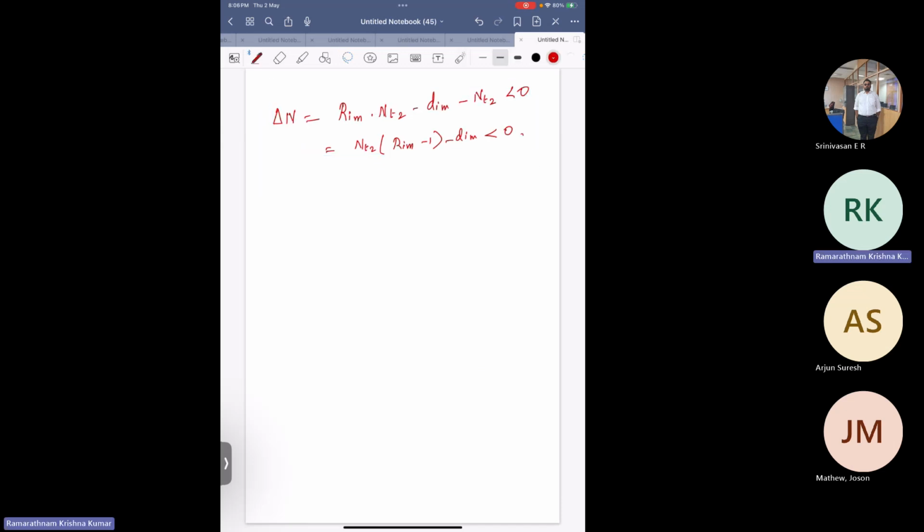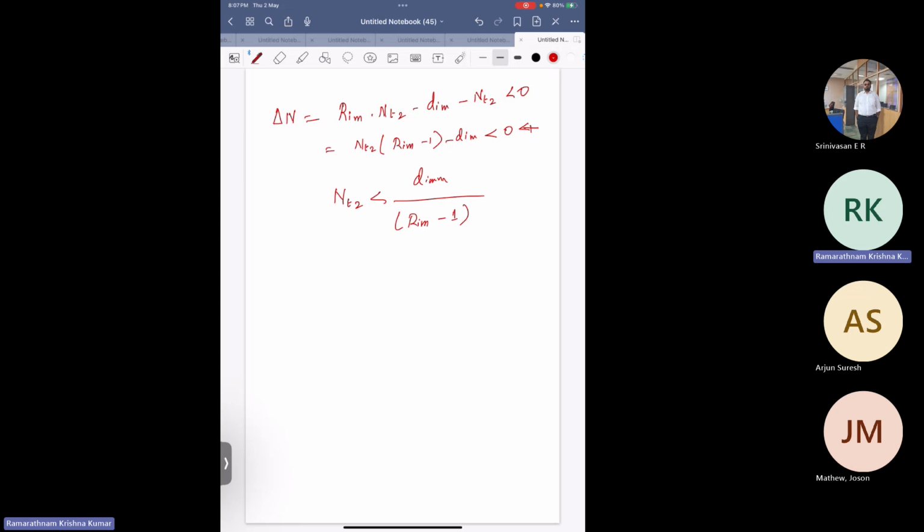I'm interested in N(T2). When will this happen, after which N(T2+1) is smaller? So how do I write this equation? N(T2) less than D immune divided by R immune minus 1. Fantastic.